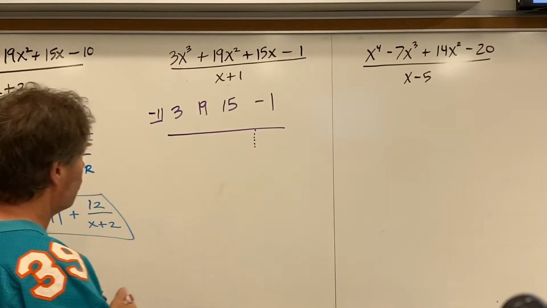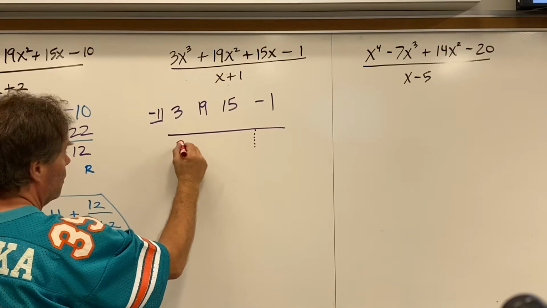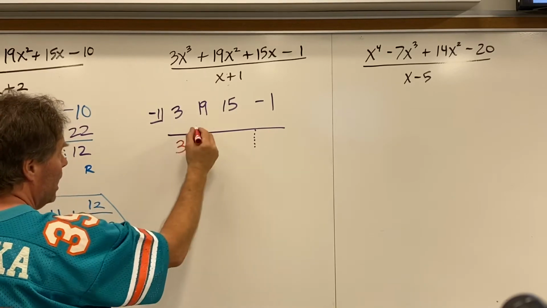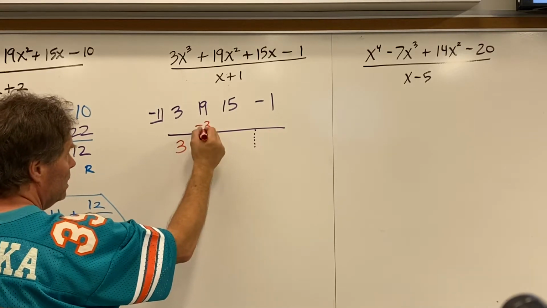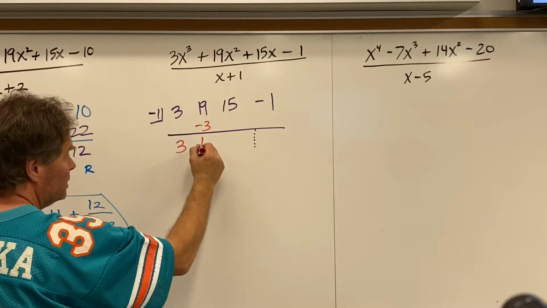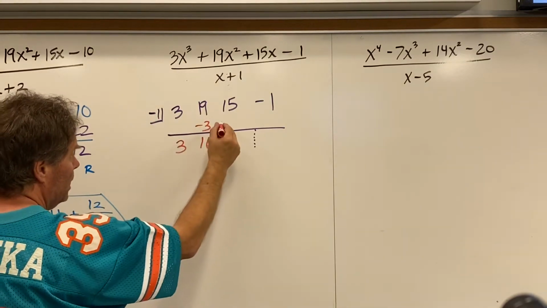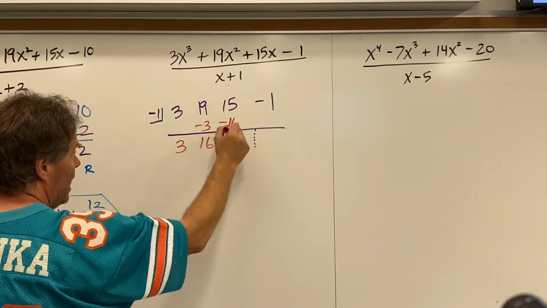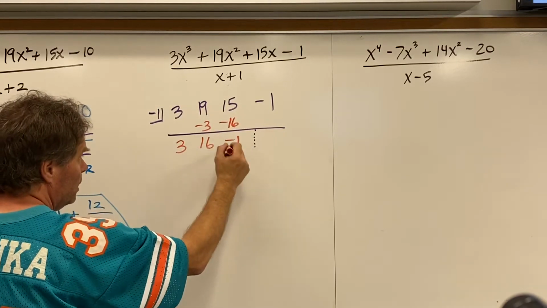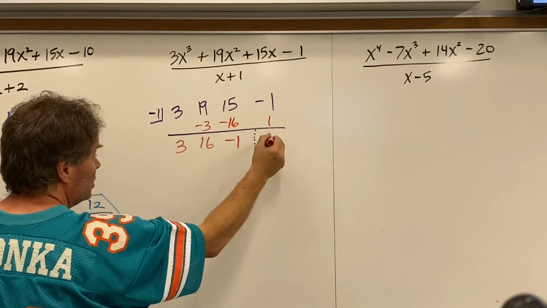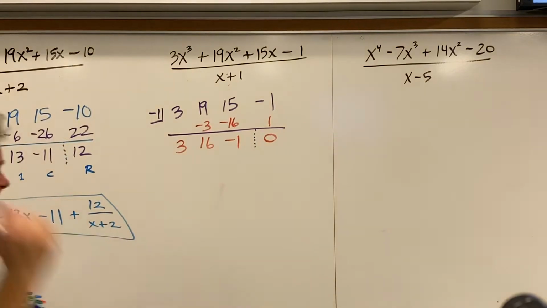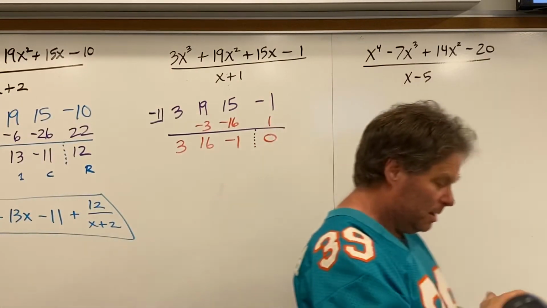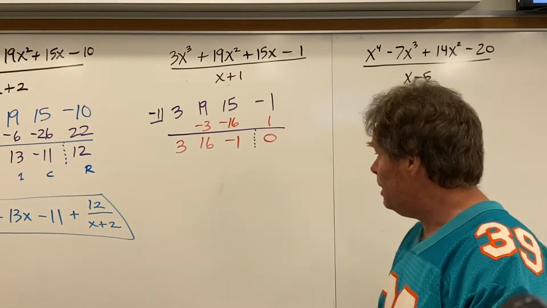Okay. Now, bring the 3 down below this. Multiply 3. Add those together, 16. Multiply, -16. Add those together, -1. Multiply, 1. Cha-ching, 0. What does that mean? That means my remainder is 0.